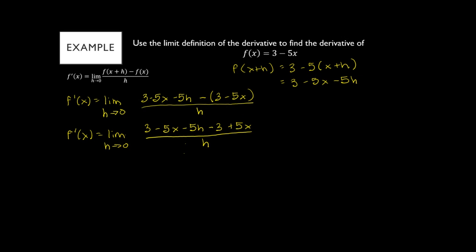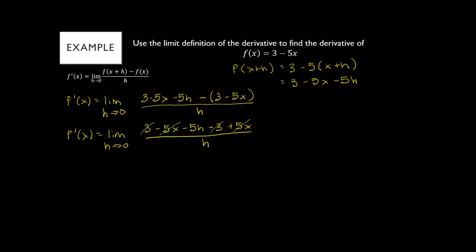And things cancel. You'll find with a limit definition that a lot of things will cancel out on the top of your fraction, and that makes it really nice to simplify. Anything that doesn't have an x or an h is going to cancel out for the most part, and you'll be left with only the things that have h in them.